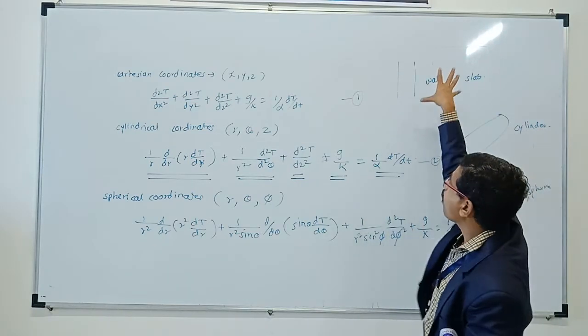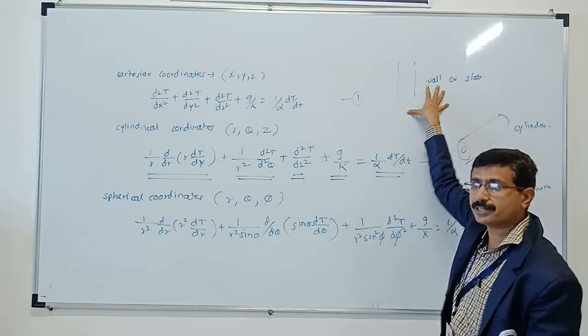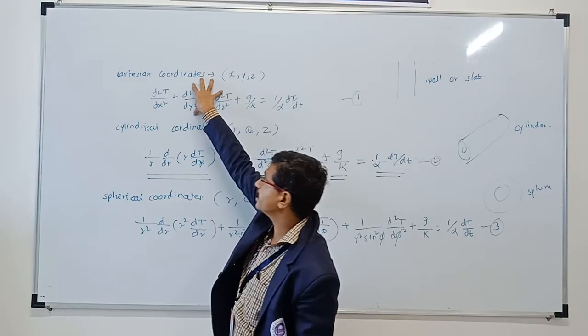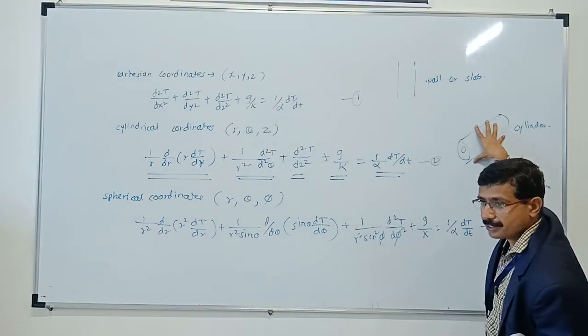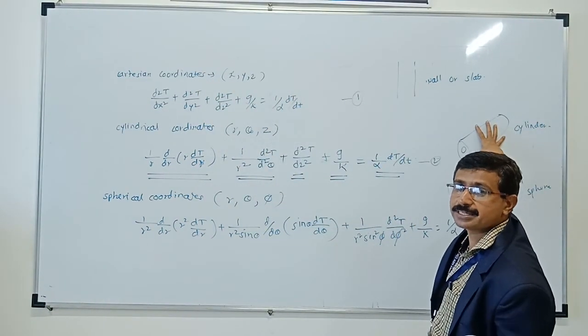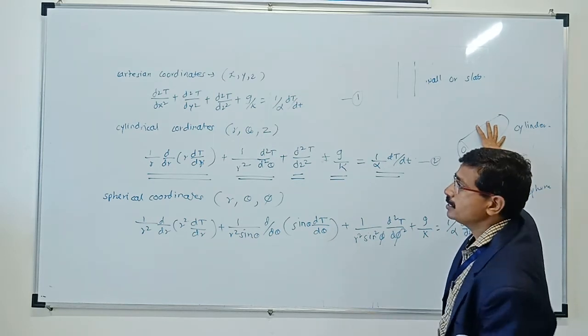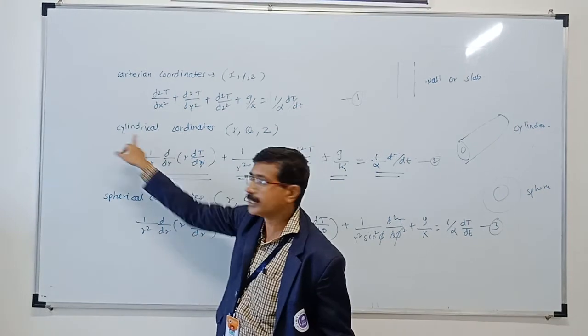Whenever there are wall-like things, or a linear thickness, you can use the Cartesian coordinates. Whenever there is a cylindrical shape analysis, like flow through pipes and heat transfer across the pipe, then you can go for the cylindrical coordinate equation.